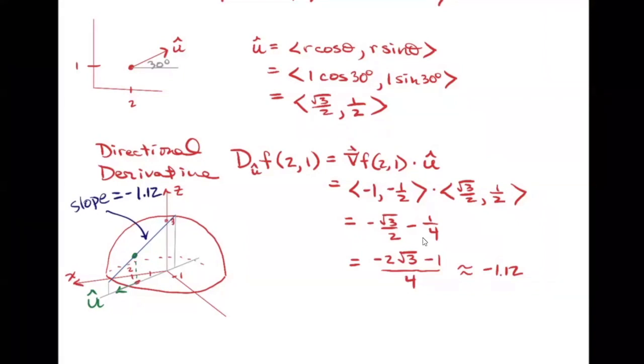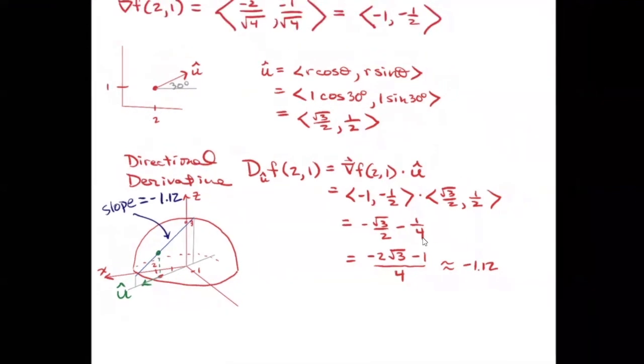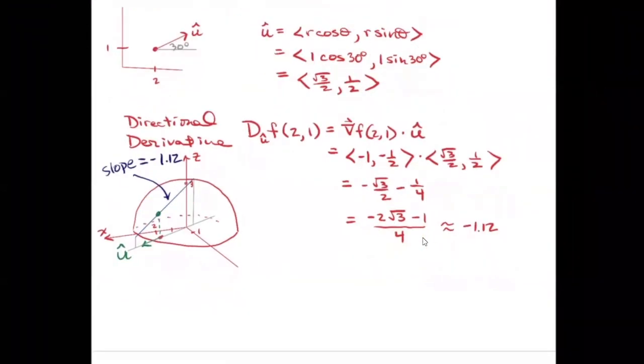That's not a perfect drawing, but you just have to understand that if you face a different direction, you're going to get a different steepness. Okay, so let's say we change the angle to 45 degrees. So let's redo this.